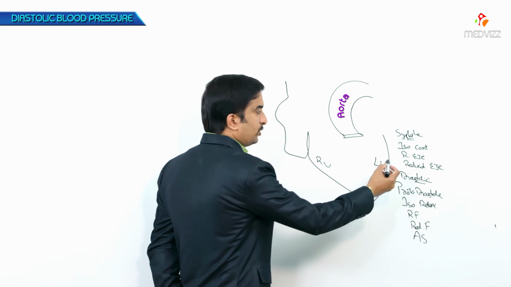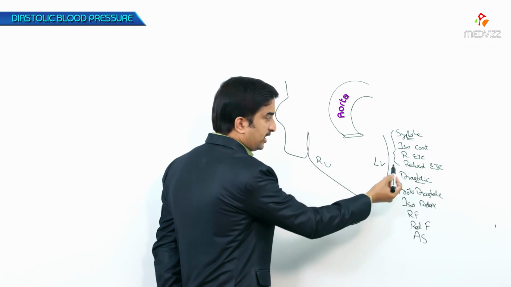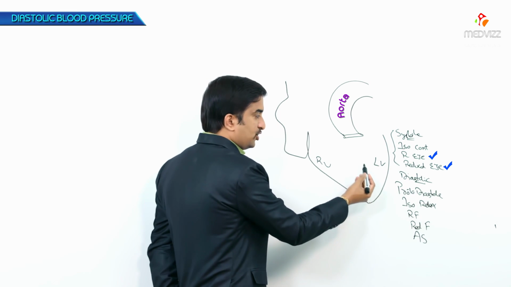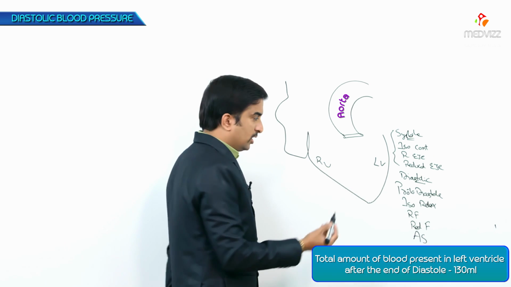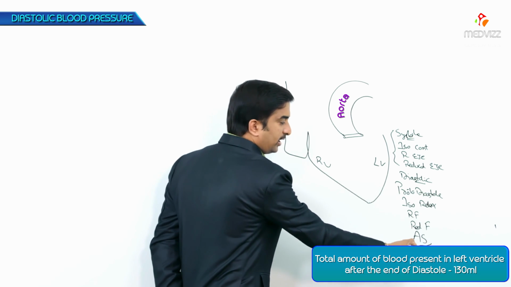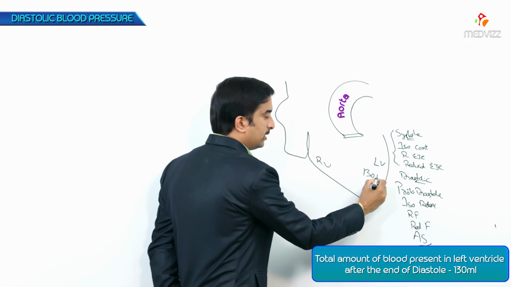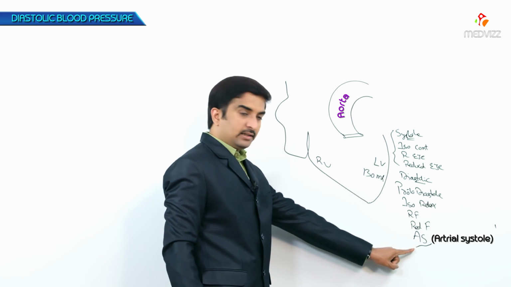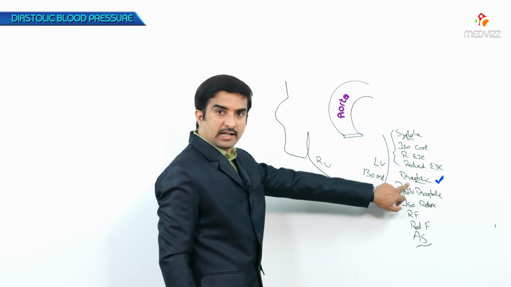So what happens during the systolic period of the cardiac cycle, especially during the ejection period, is that the blood is ejected from the left ventricle into the aorta, right? The total amount of the blood which is present in the left ventricle after atrial systole, that is after the end of diastole, is 130 ml. This 130 ml is present after the atrial systole, the final phase of the ventricular diastole.